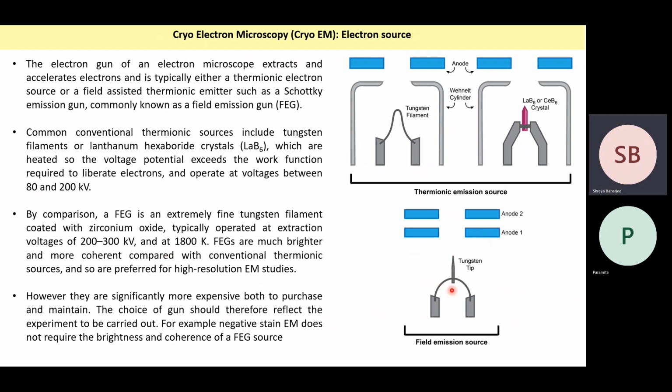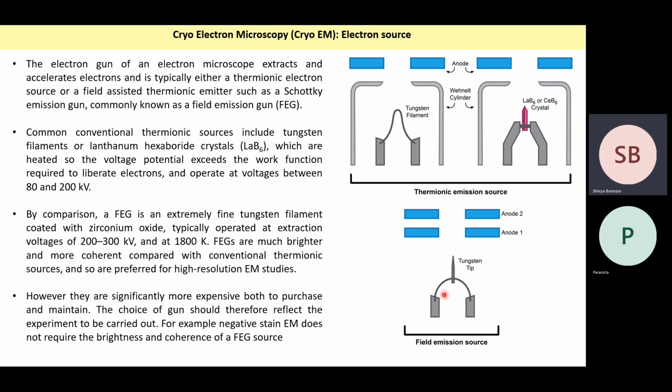Because the filament is very thin, electrons from the tip will escape when the high electric field of the two anodes is applied. So when a very high resolution structure is required, these FEGs are used. But they are significantly more expensive both to purchase and maintain.